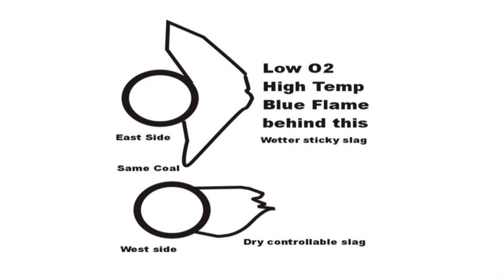And usually the deposits are bigger on the side with low oxygen. This is caused by several reasons: the reducing atmosphere and potentially the higher furnace exit gas temperature as the flame looks for more oxygen.